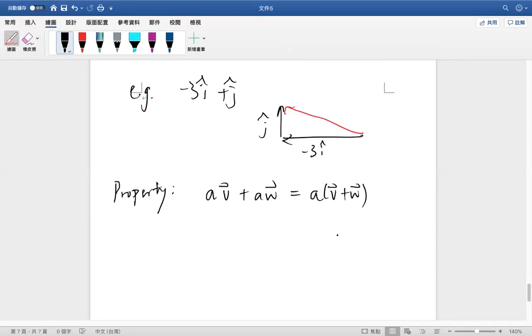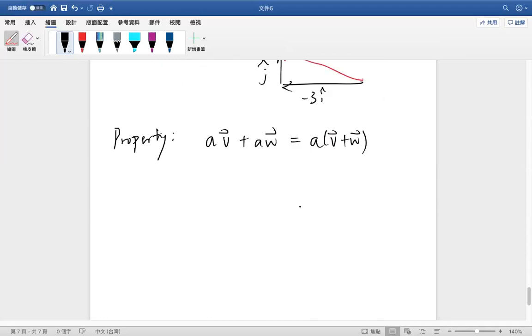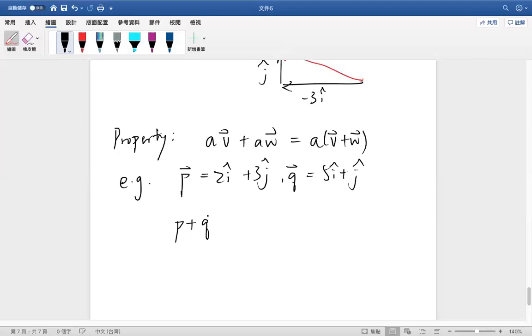Once you have this, then for example, if you have p equals 2i plus 3j and q equals 5i plus j, then p plus q is just like you add the numbers in i and add the numbers in j and then put them together.